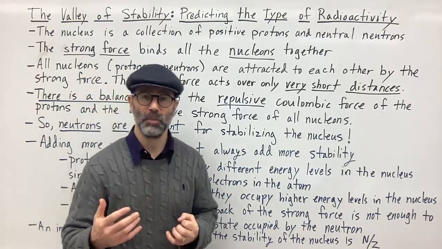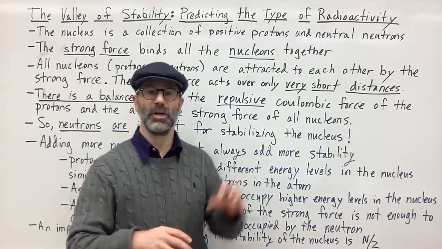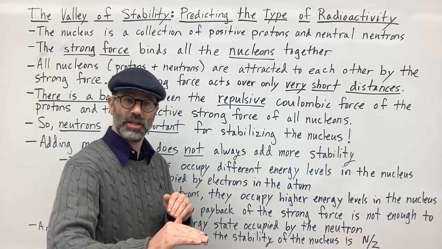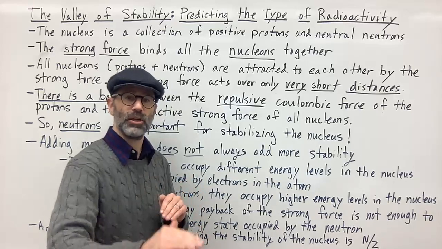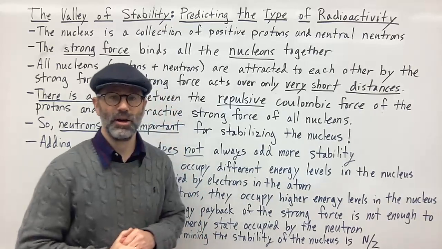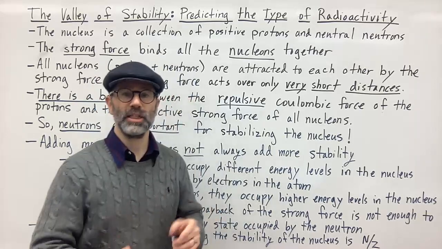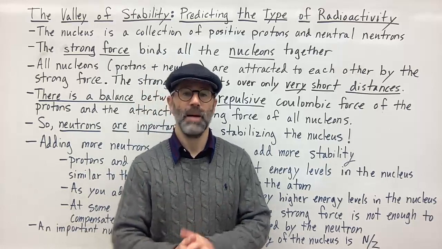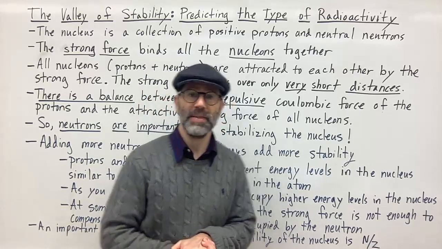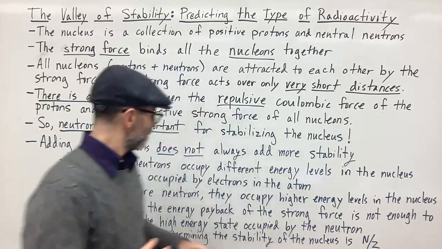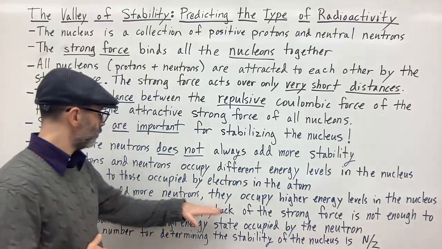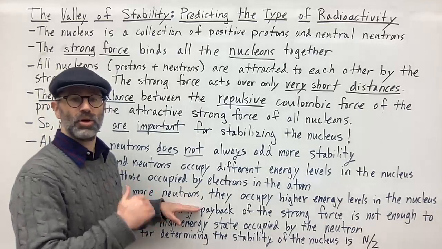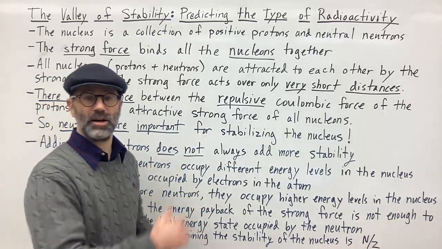Remember the Aufbau principle, where when you add electrons to the atom, you fill in the low energy levels first, and then you occupy higher energy levels. Well, in the nucleus, protons and neutrons do a similar thing. I'm not going to get into it, but that's what goes on in the nucleus. So as you're adding neutrons, those neutrons are occupying higher and higher energy levels.